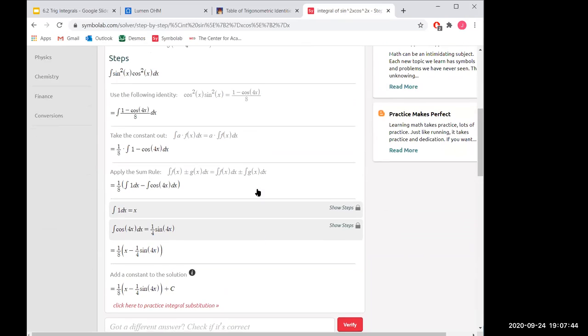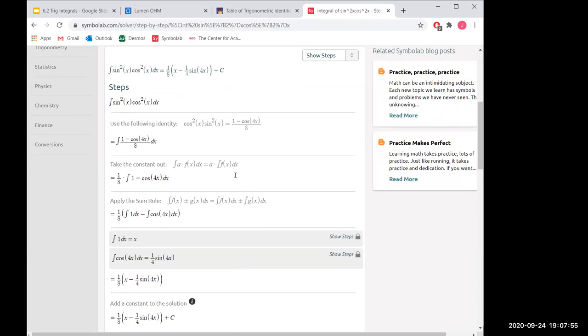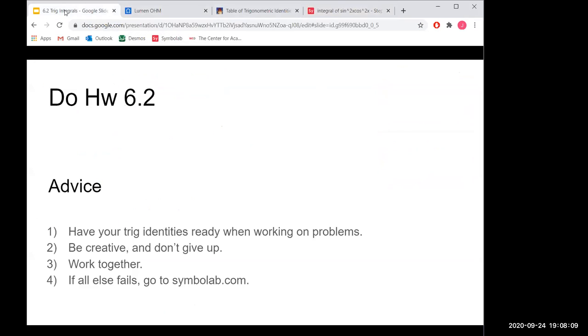But it's a resource I would recommend if you're really having trouble and have nowhere else to go. I know they hide the steps now, but I think they still show some of the steps. Over here, they show you what identity to use. So it's still useful. I'm sure there are other resources too. Okay, so that's all the advice I have.